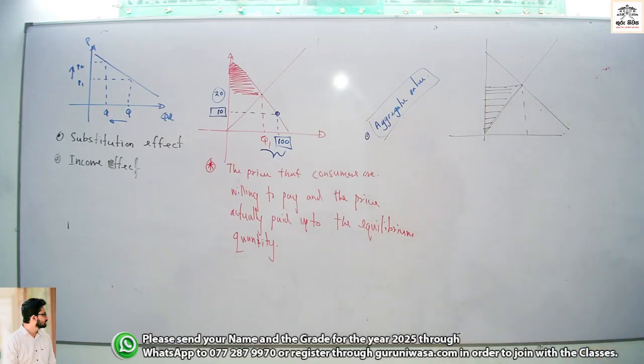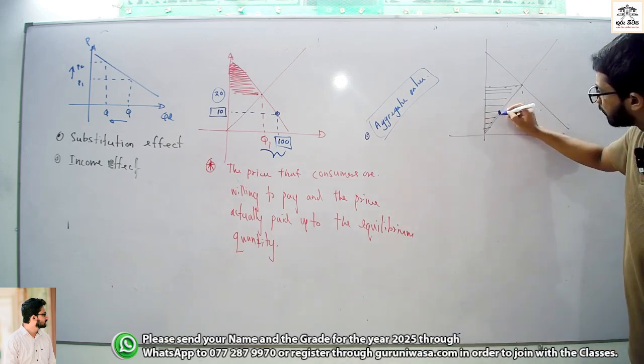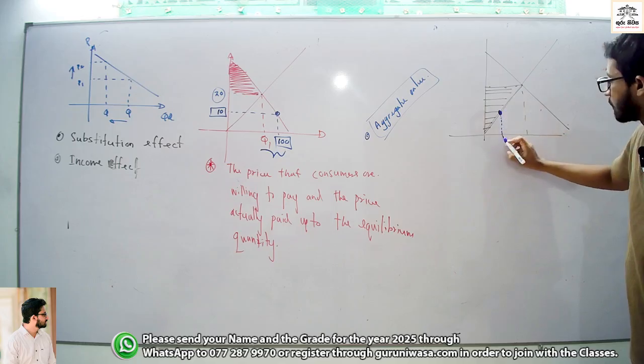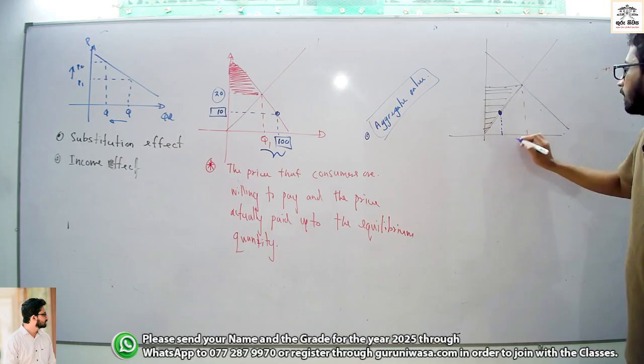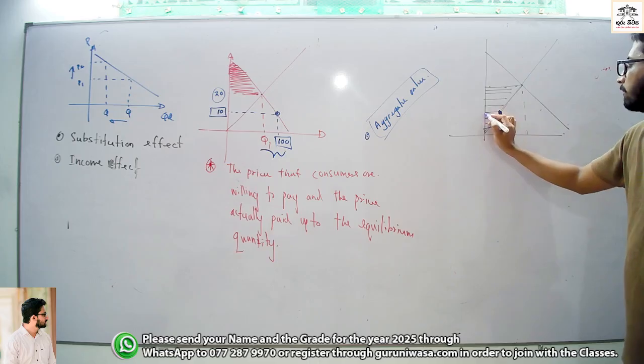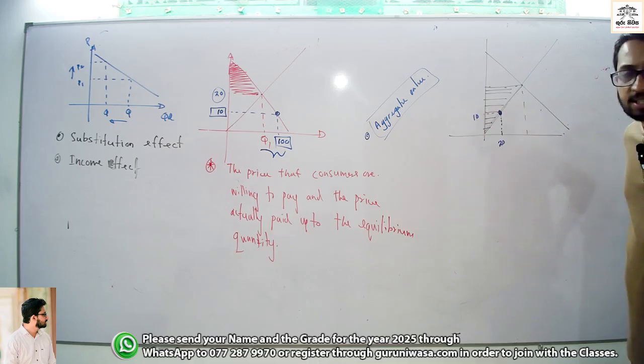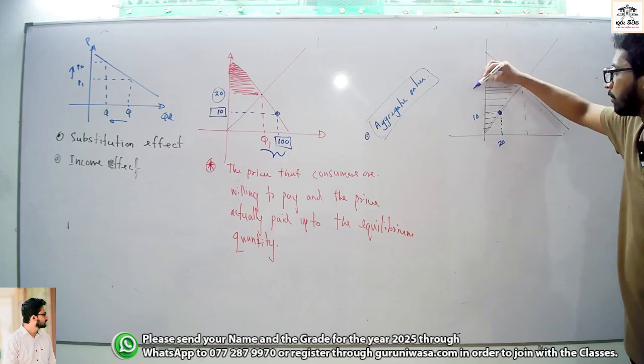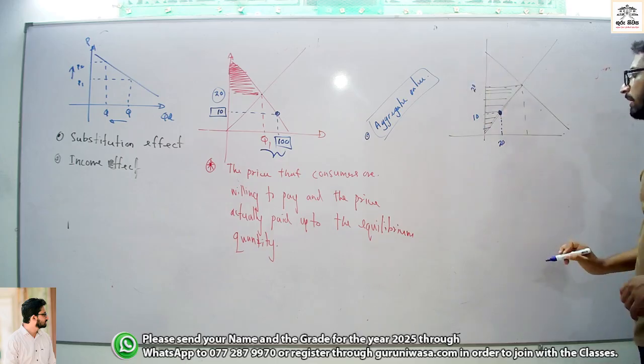මේ හැම point එකම benefit එකක් තියෙනවානේ මේ බලන්න. Look at this point. At this point, assume quantity 20, price is 10, but assume equilibrium price is 20 rupees. What does this point mean?